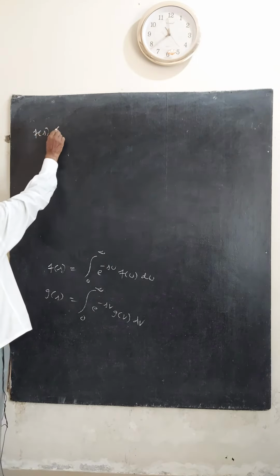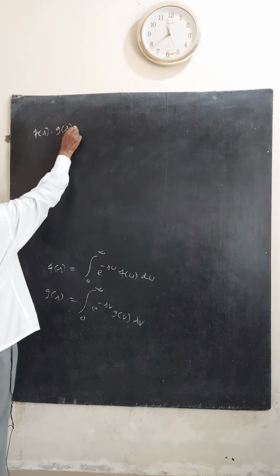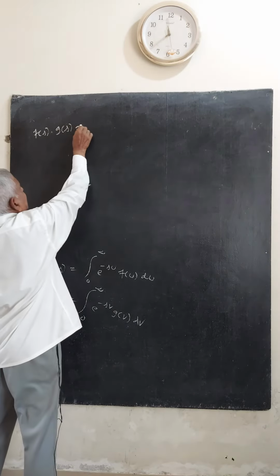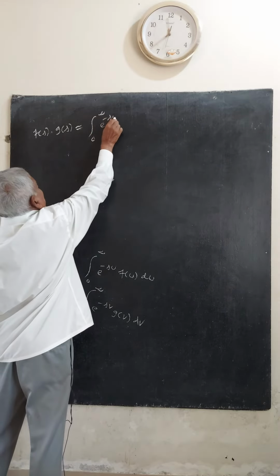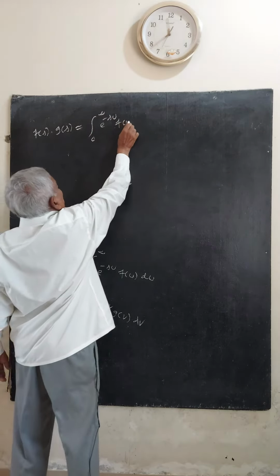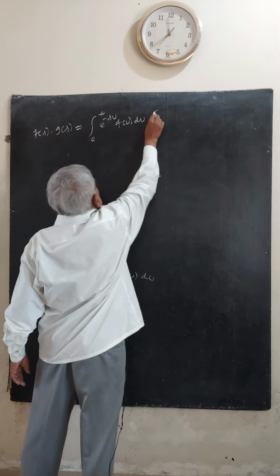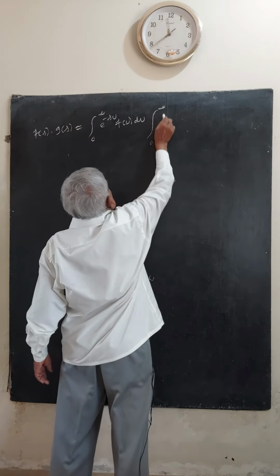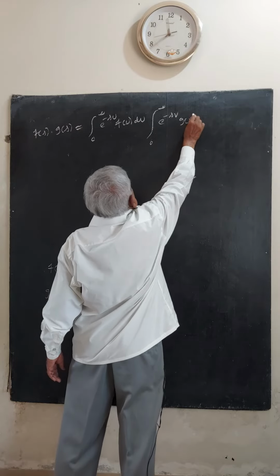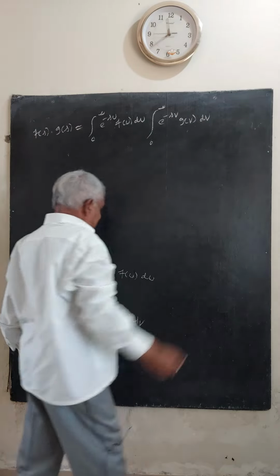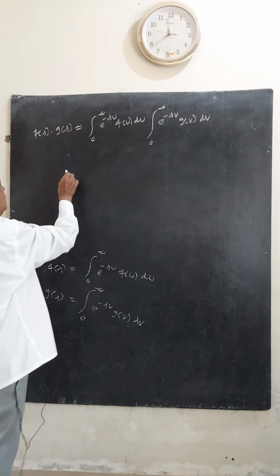F(s) into G(s) equals the integral from 0 to infinity of e power minus su f(u) du times the integral from 0 to infinity of e power minus sv g(v) dv. Both are multiplied.